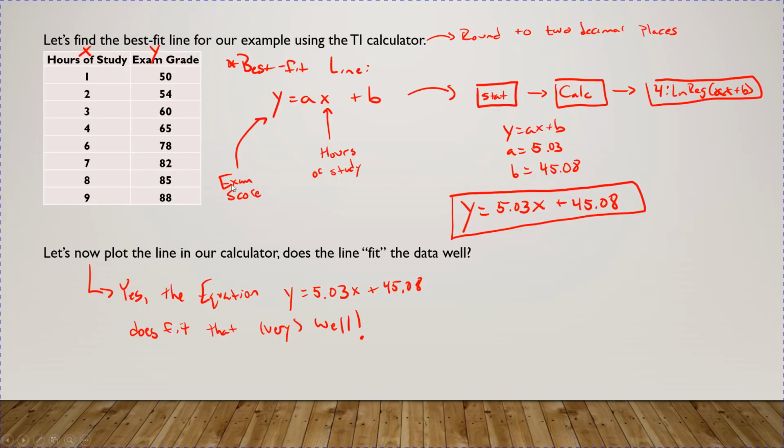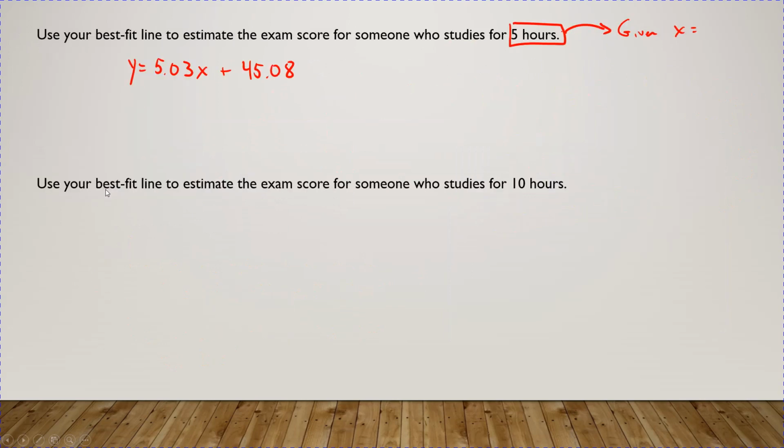Remember, x here is the hours of study. Okay? So you're given x is equal to 5. And you want to estimate an exam score. Okay? So what that means is it's asking you to solve for y. So all you're going to do is you're going to take this and you're going to plug x is equal to 5 into your equation.